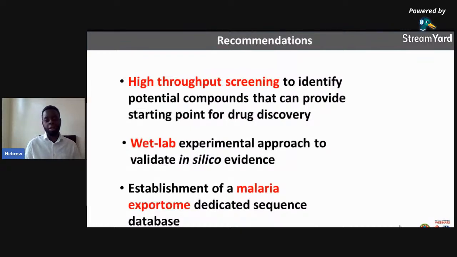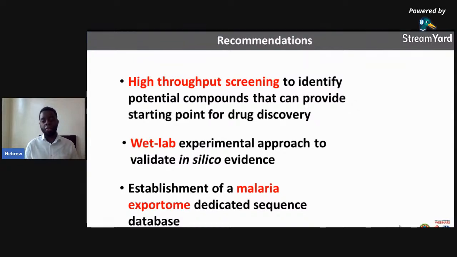So some recommendations after this study: now that we have validated that indeed this protein can further our study in terms of looking for a therapeutic agent to antagonize it, I think first of all will be to propose a high throughput screening protocol to identify potential compounds that can provide a platform for drug discovery methods to begin.